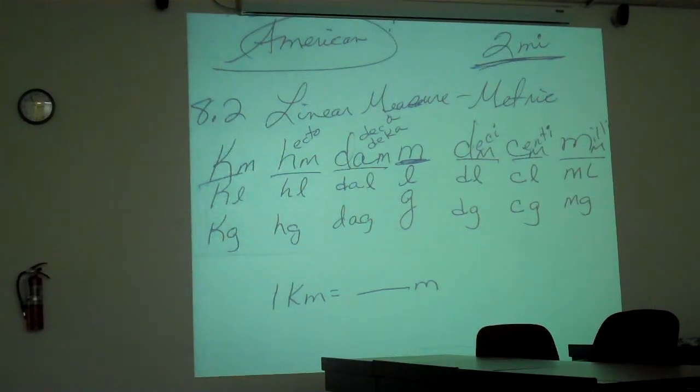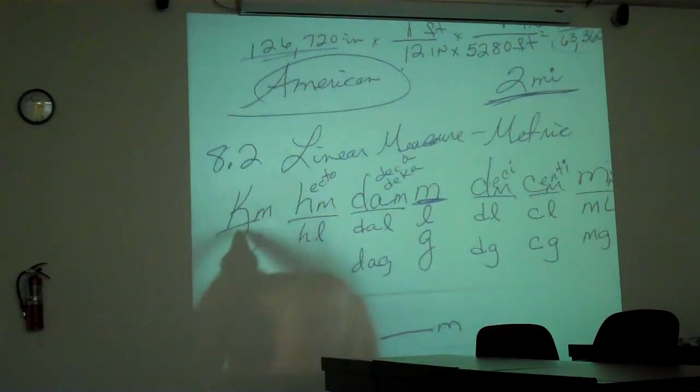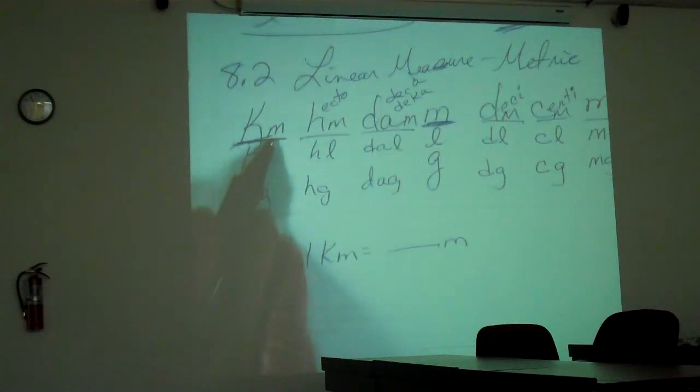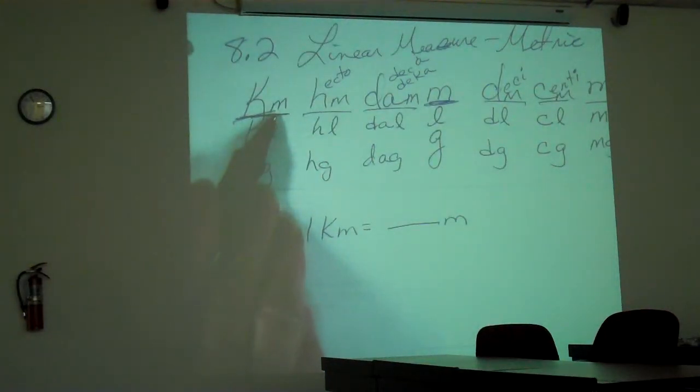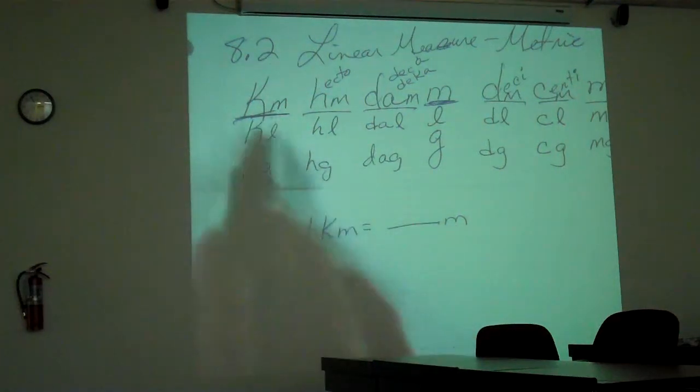You start out with the 1 kilometer here. Let's say you're a frog and you're on this lily pad right here. You're on the kilometers. That's where you started. Okay, how many times do you have to hop to get over to the meters?